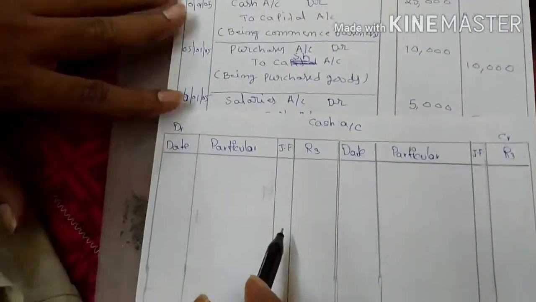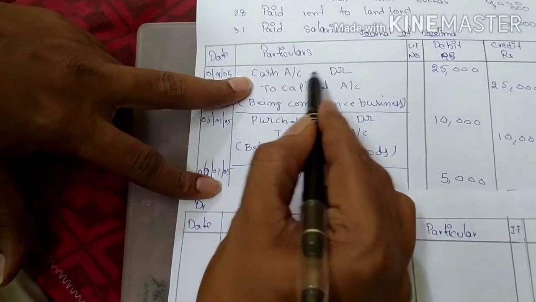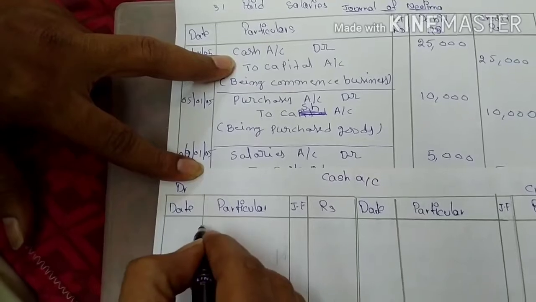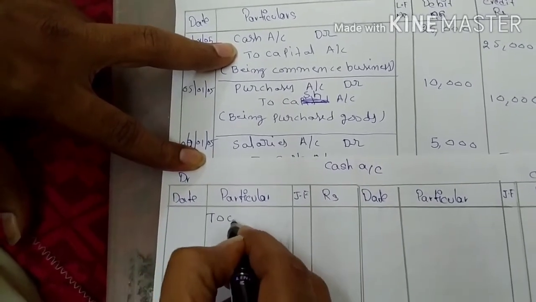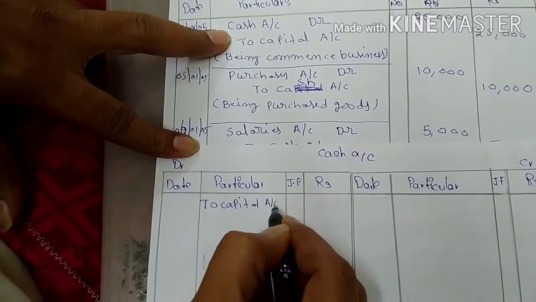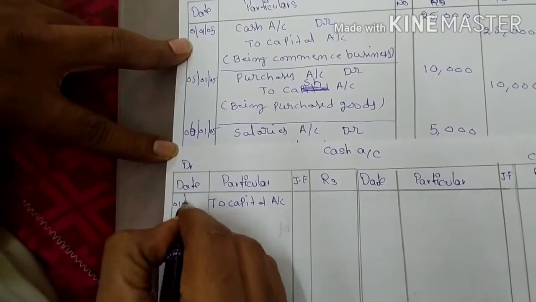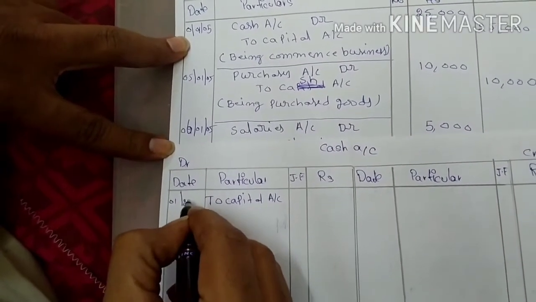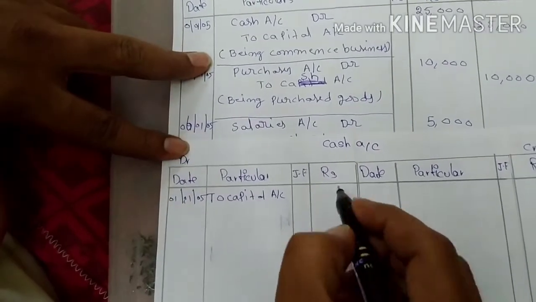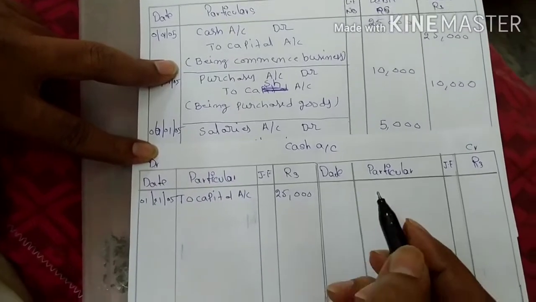Here, first take the cash. How to post: cash account debtor to capital account. The date is 1/1/2005, amount 25,000 rupees.